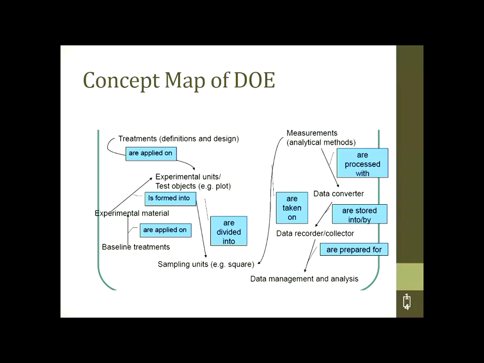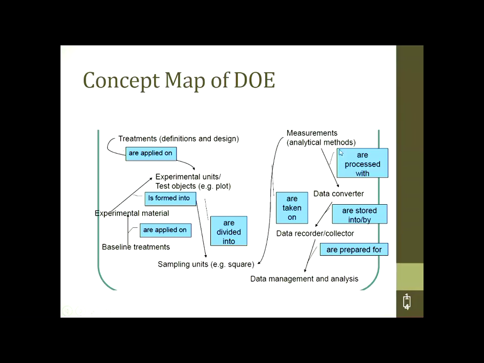Then we have to define what those treatments are, part of our design, and then we might be thinking about dividing that up into sampling units. So we might subsample within experimental units. Sometimes we might measure the same experimental unit more than once. Sometimes we might take subsamples from that and analyse them so that we have replicate measurements of each experimental unit.